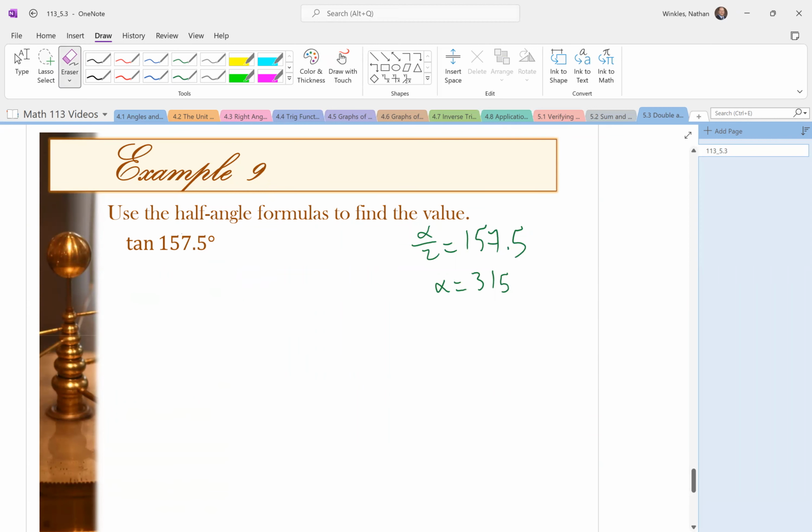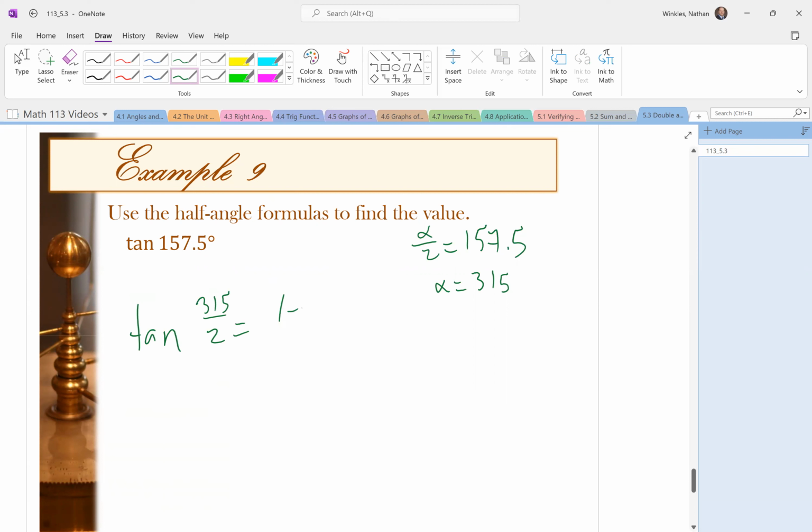So what that means for us is that tangent of 315 over 2 is equal to, if we don't want to have to worry about what we're doing here, why don't we use one of the other ones here?